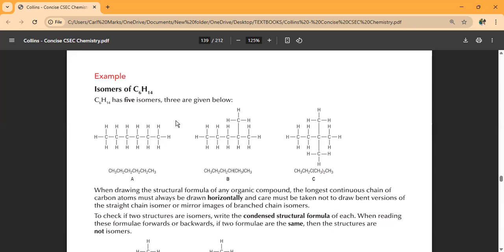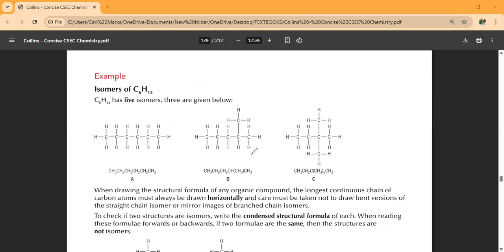Come on, students, how many carbons, how many hydrogens do you see? 6. Good. So we've got 6. So what about the second one? How many carbons in the second one? 6 carbons.